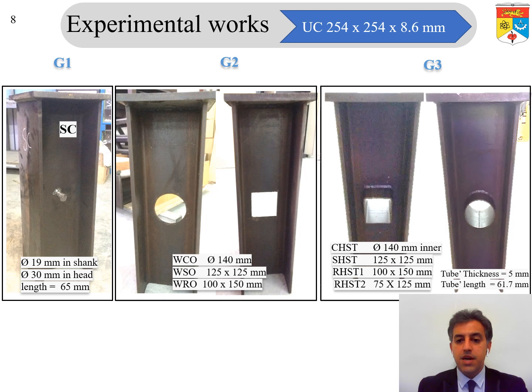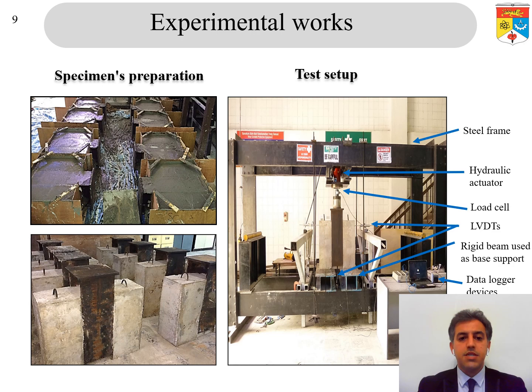The steel beam was selected as universal columns 254 × 254 × 8.6 mm, as suggested by Eurocode. The specimens were cast horizontally as suggested by EC4 and hooked up to the steel frame to set up the test, with a hydraulic jack and a load cell to read the loading process.